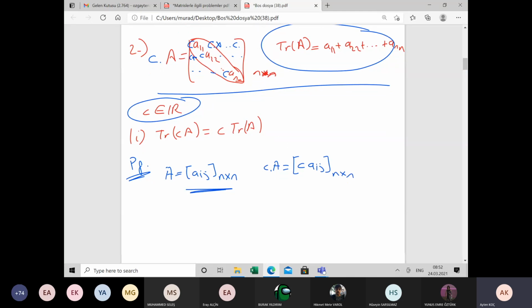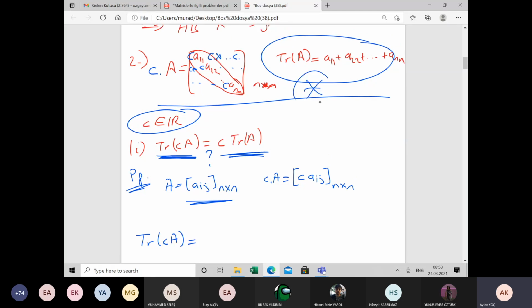Our aim is to show this is equal to the right side. So start with the left side, the trace of C times A, and look at the definition of the trace.